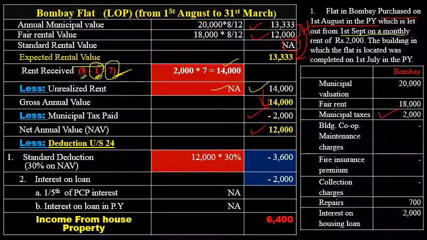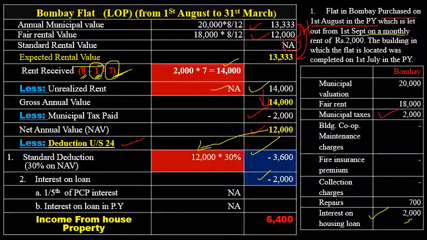Next is the deduction under section 24. The first one is the standard deduction. It is 30% of the net annual value. So net annual value into 30%, 3,600 is the standard deduction. Next, interest on loan, which is given in the problem. 2,000 is the interest on loan. No other information related to the loan.